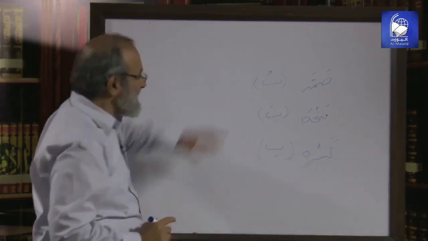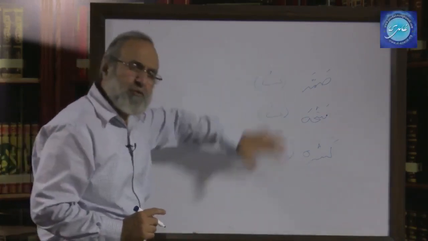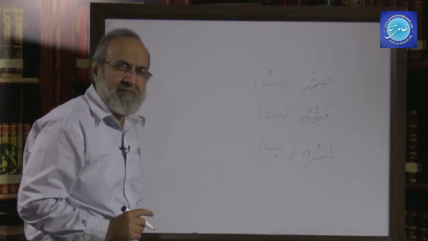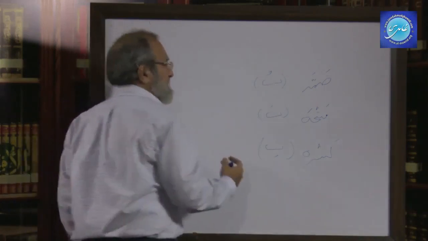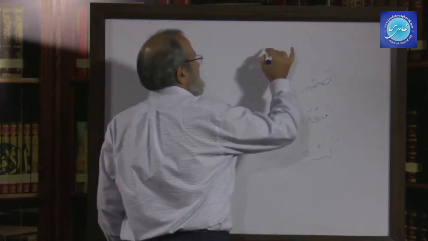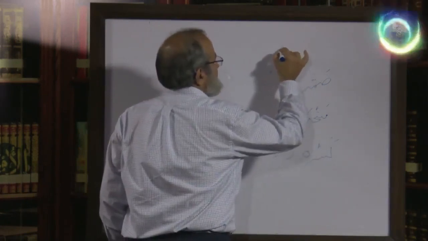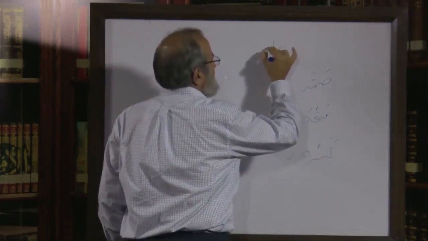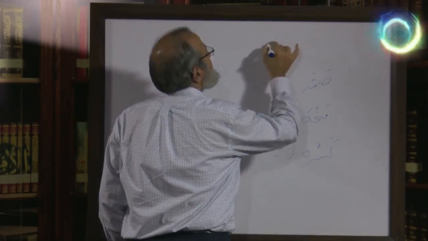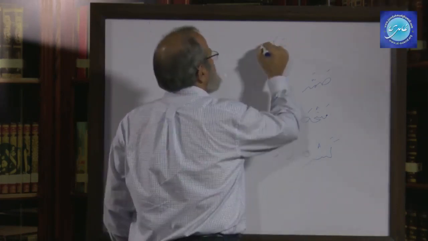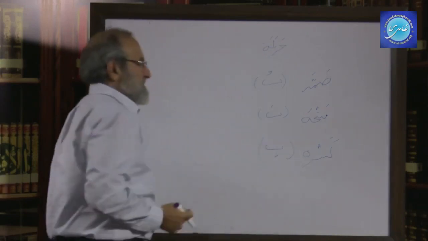Now, what are these? These are vowels. What is the equivalent of vowels in Arabic? Although some people would say that it's Arab, but it's actually harakat, haraka. These are haraka. These are the vowels.